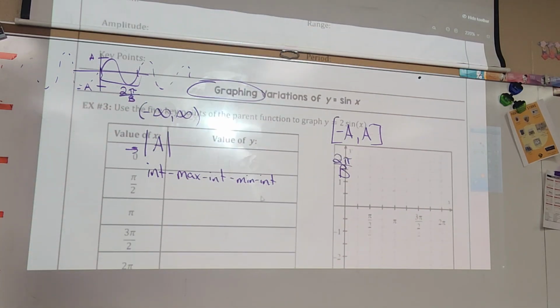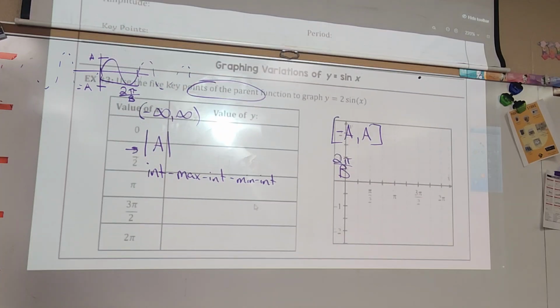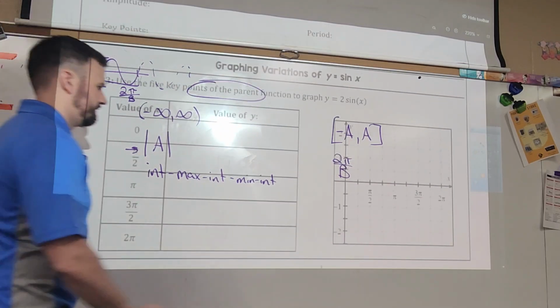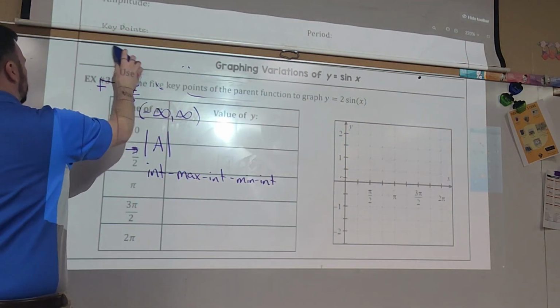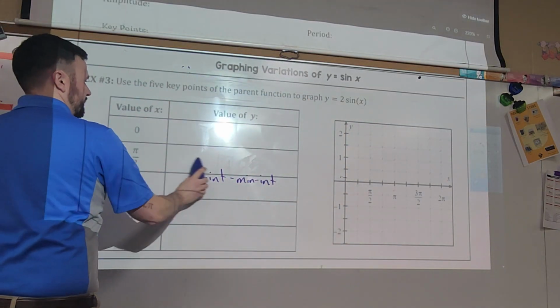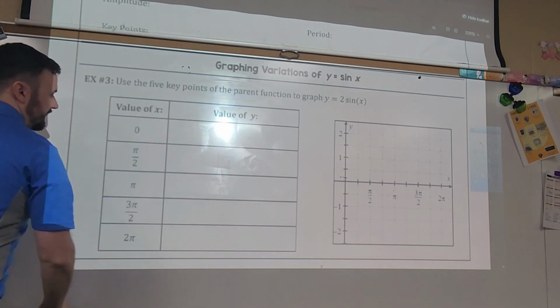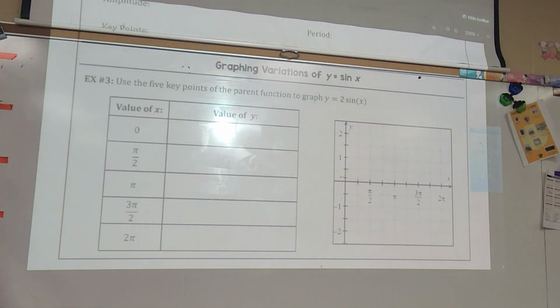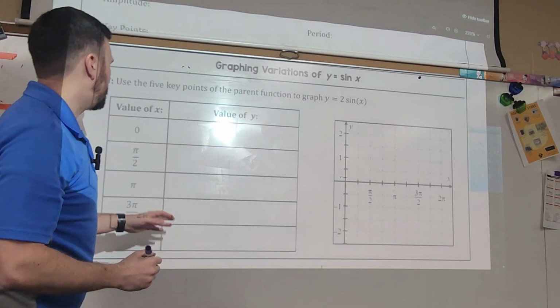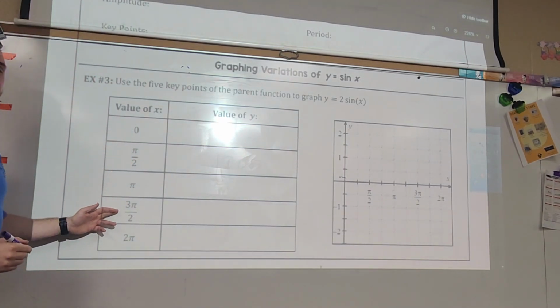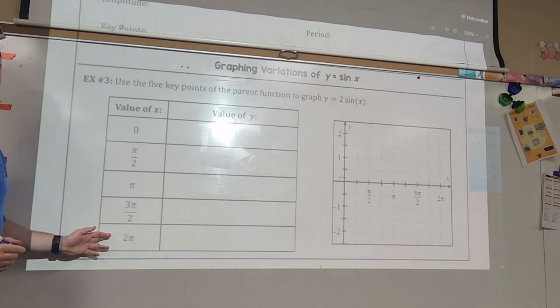Okay, let's try it. Let's give it a try. Let's see if we can graph. Some of y'all are going to like graphing because it's done the same way every time. All right. Are these my 5 key points? Yeah.